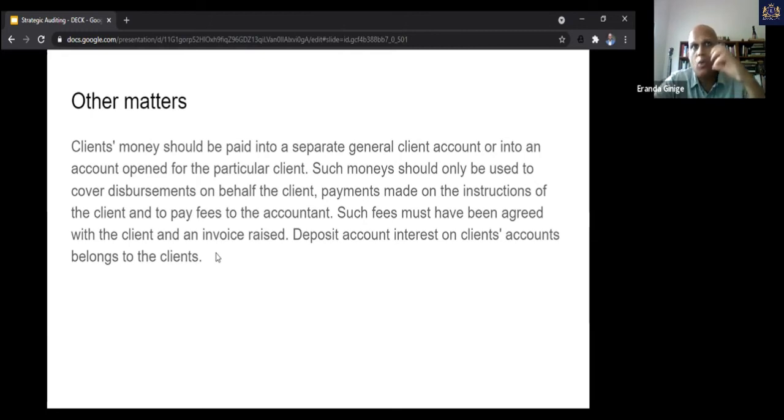Clients' money should always go to a separate ledger account. Like for example, when our company wants to pay income tax, that payment is handled by our auditors or the accountants.